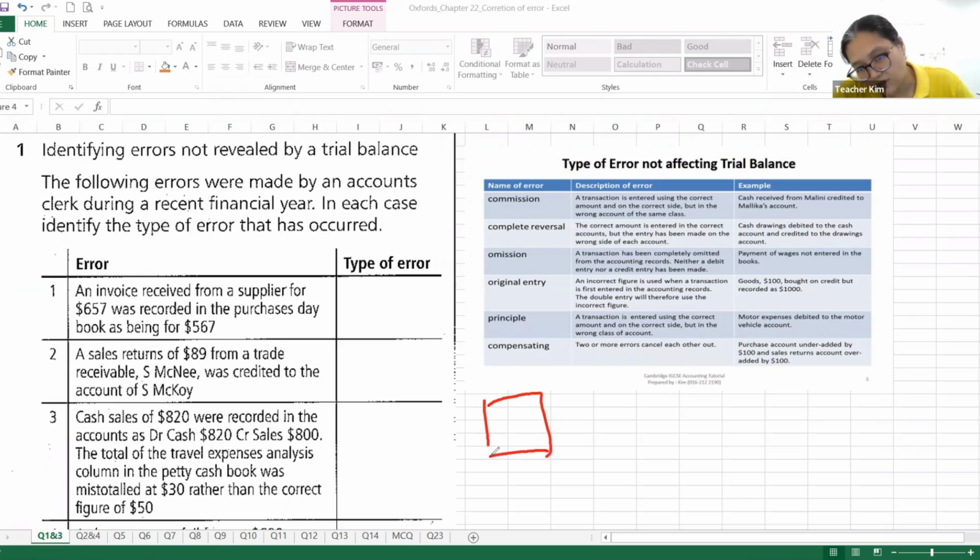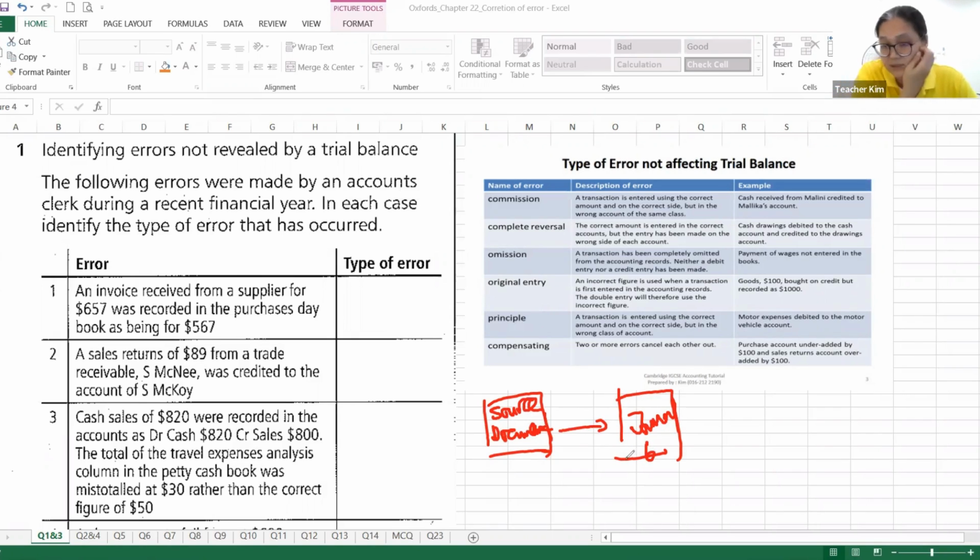First is the source document, and then we move to the journal. We have the 6 journals which we have learned in the past. So this one is considered first recording. The first recording has made a mistake. We call it original entry.